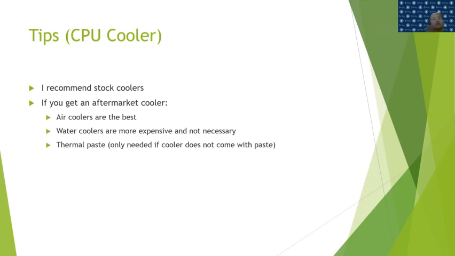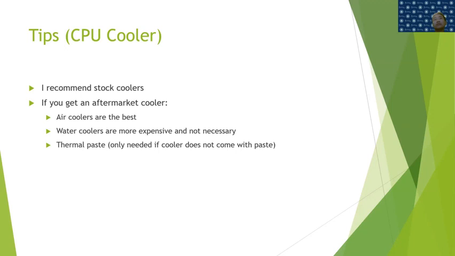Now, the next part is the CPU cooler, and there are 2 major questions when choosing to buy a CPU cooler. The first major question is, if you get a CPU cooler bundled with your CPU, should you stick with that, or should you buy an aftermarket cooler? My recommendation is that, again, for the average user, I recommend sticking with that stock cooler.